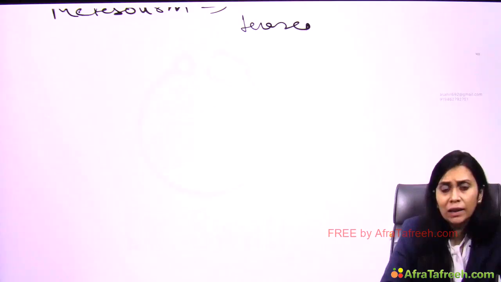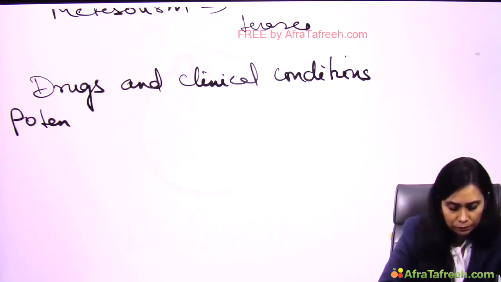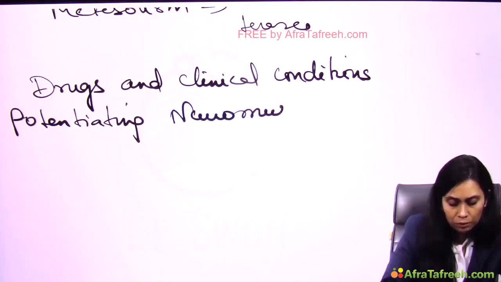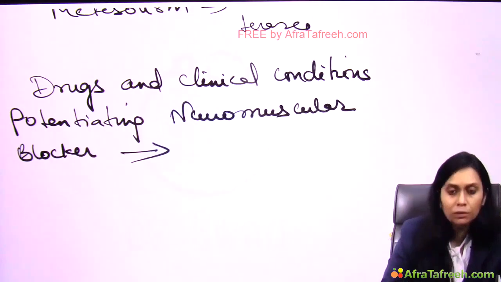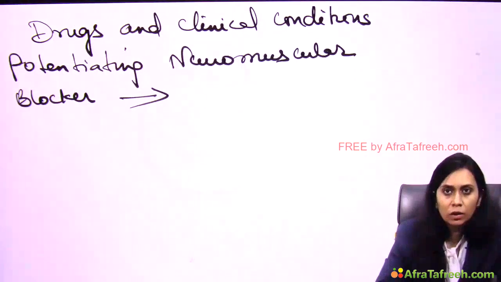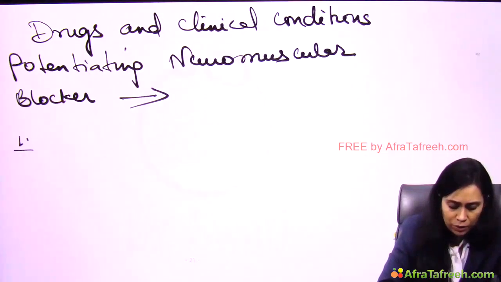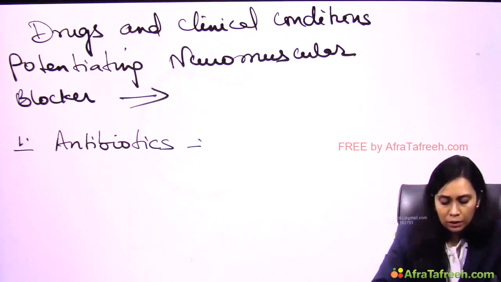First, the drugs and clinical conditions potentiating neuromuscular blockers. What are they? First, some antibiotics: ATP.